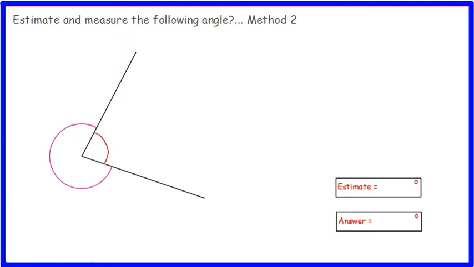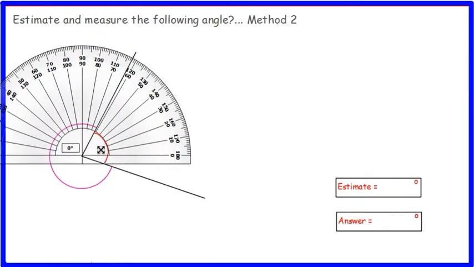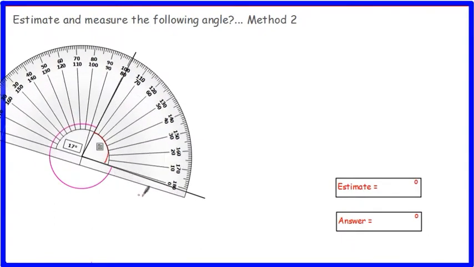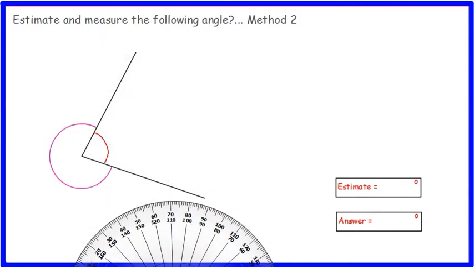So if I was to measure that smaller angle, it's better. 0, 10, 20, all the way up to 80 degrees. So that's 80 degrees. And my answer would be 360 degrees take away 80 degrees, which is 280 degrees. So either way, I'm going to get the same answer.